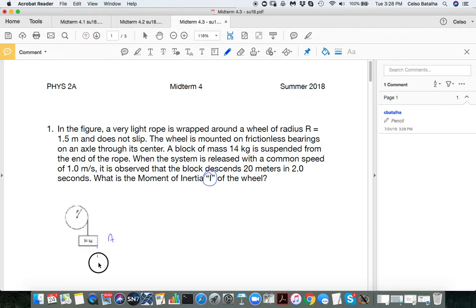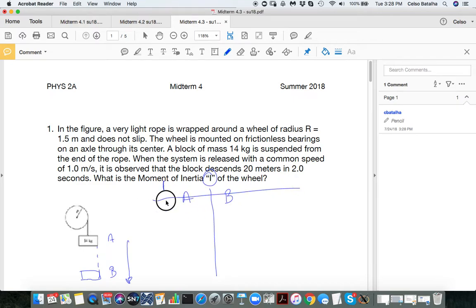Configuration A, configuration B, where this block is all the way down, and then you use conservation of energy. That implies that in A and B you have these two configurations here.